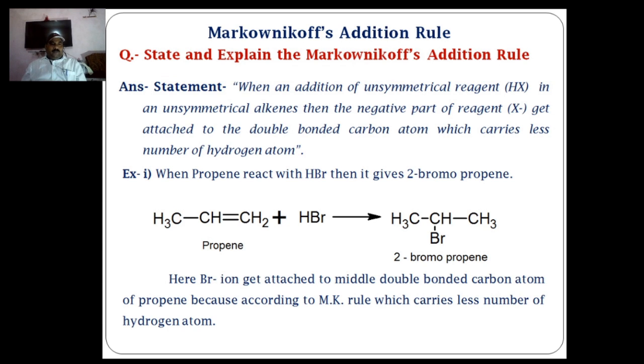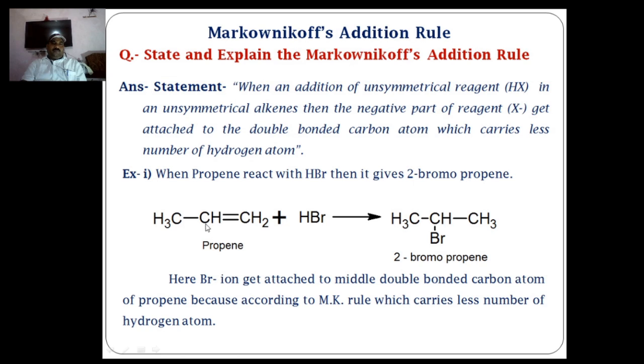For example, when propene reacts with HBr, it gives 2-bromopropane as the major product. In propene, the double bond is between CH and CH2. On addition of HBr to the unsymmetrical alkene, Br negative gets attached to the double bonded carbon atom which carries less number of hydrogen atoms.